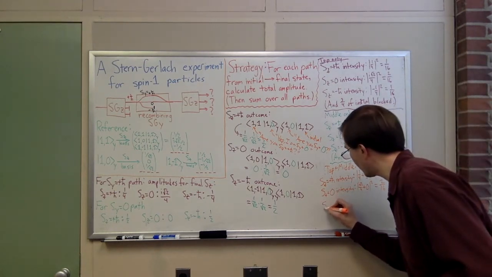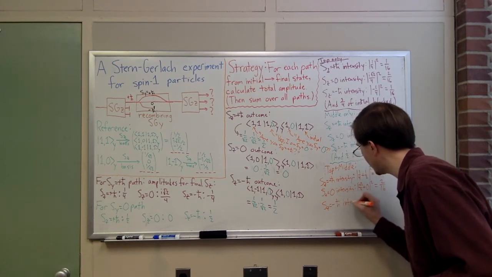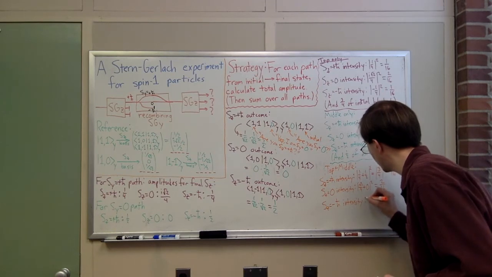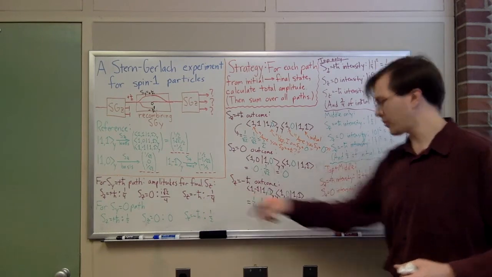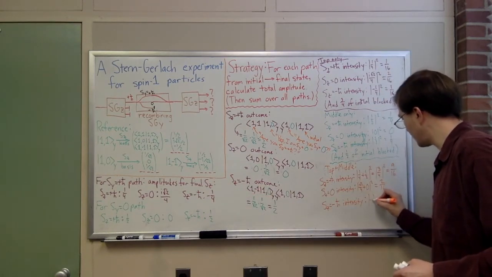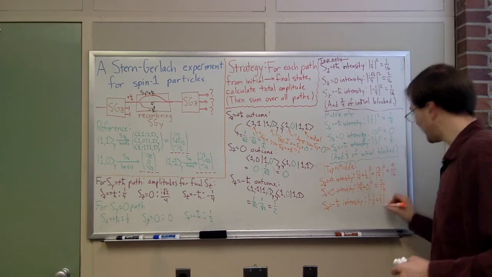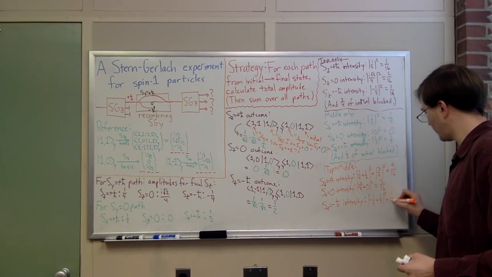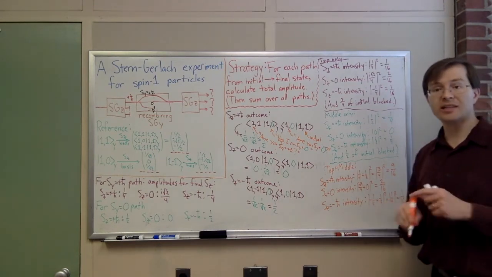And finally, for SZ equals minus H bar, that intensity, or that probability if you want to think about it as individual particles, what do we have here? Well, I had minus 1/4 was my first amplitude, plus 1/2 for my second one. That's 1/4 squared. That's 1/16.